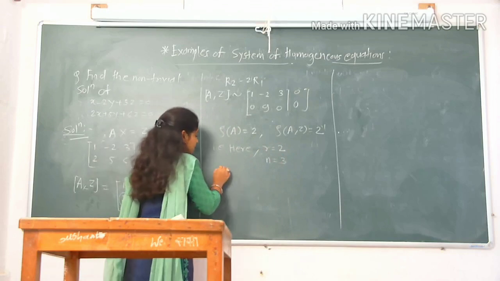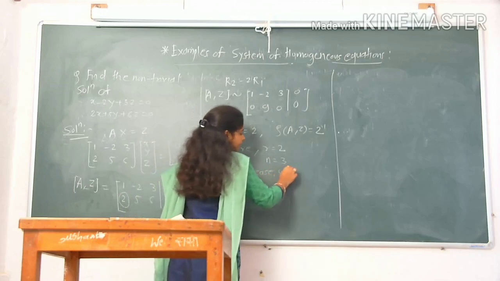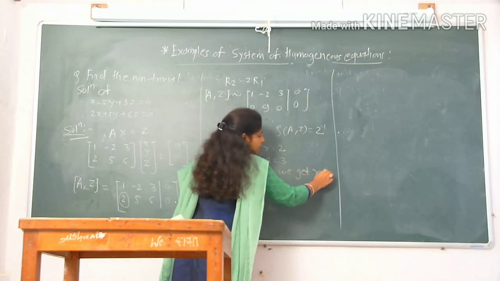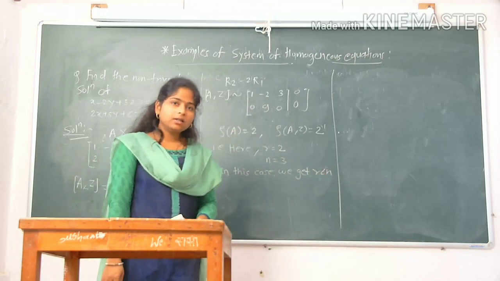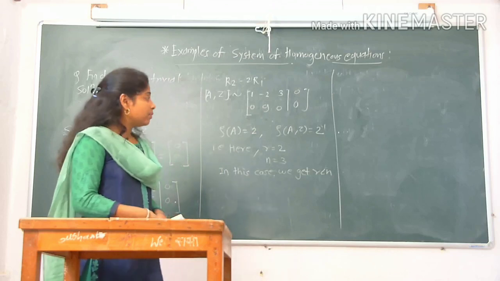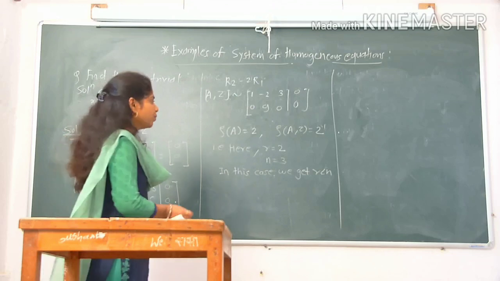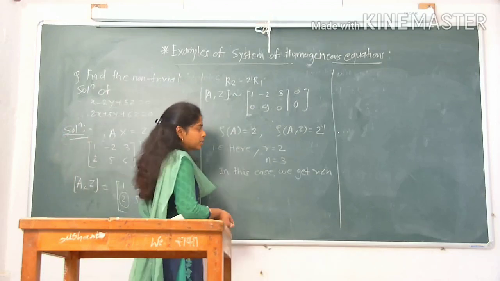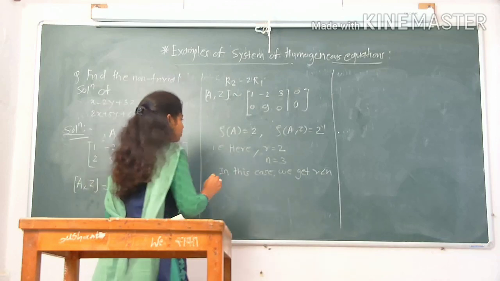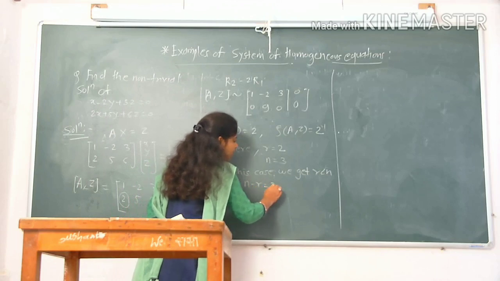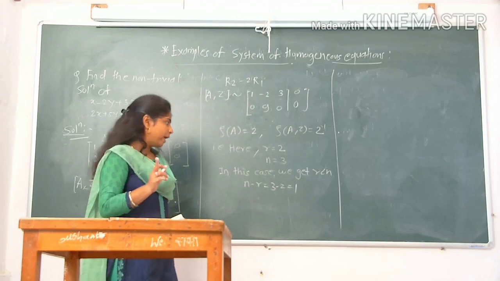In this case we get R less than n. That is, the rank of matrix A is less than the number of unknowns. Therefore, the system is consistent but it has infinite number of solutions. So, to find infinite number of solutions, we have to use n minus R parameters. So, here n minus R, which is 3 minus 2, is equal to 1. Therefore, in this example, we have to use 1 parameter.